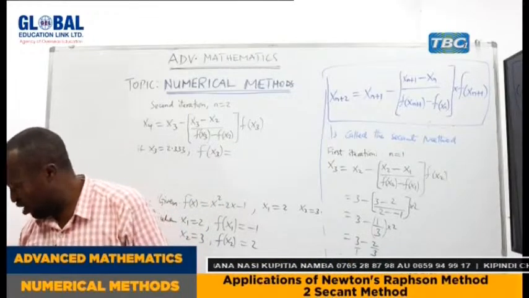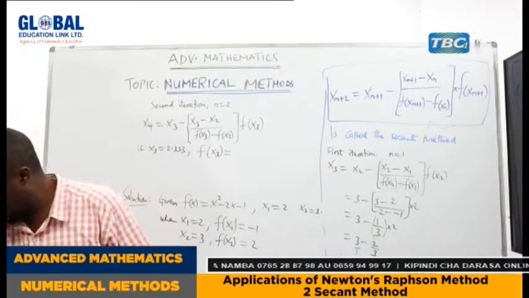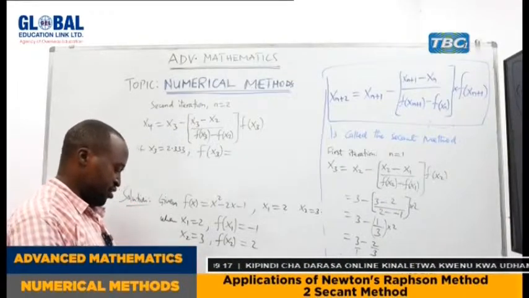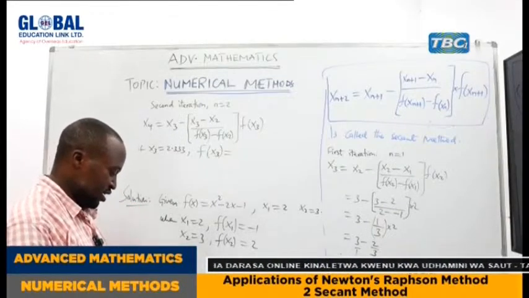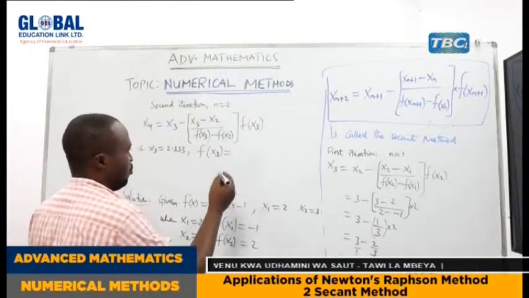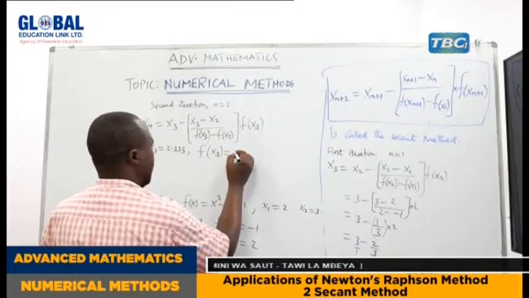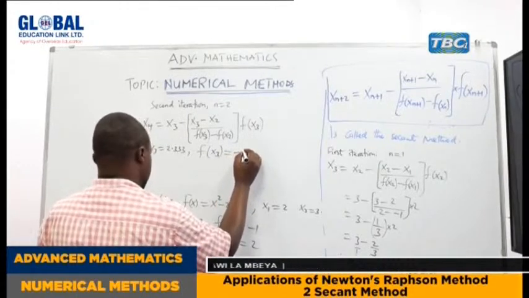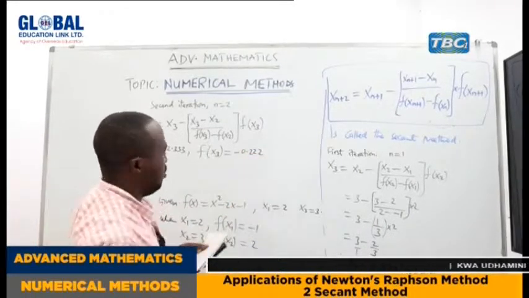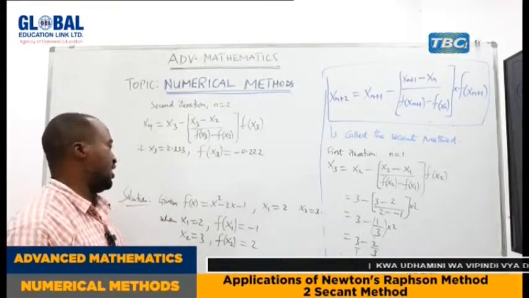Just use your calculator to find the value of f of x3. So f of x3 in this case will be equal to negative 0.222.